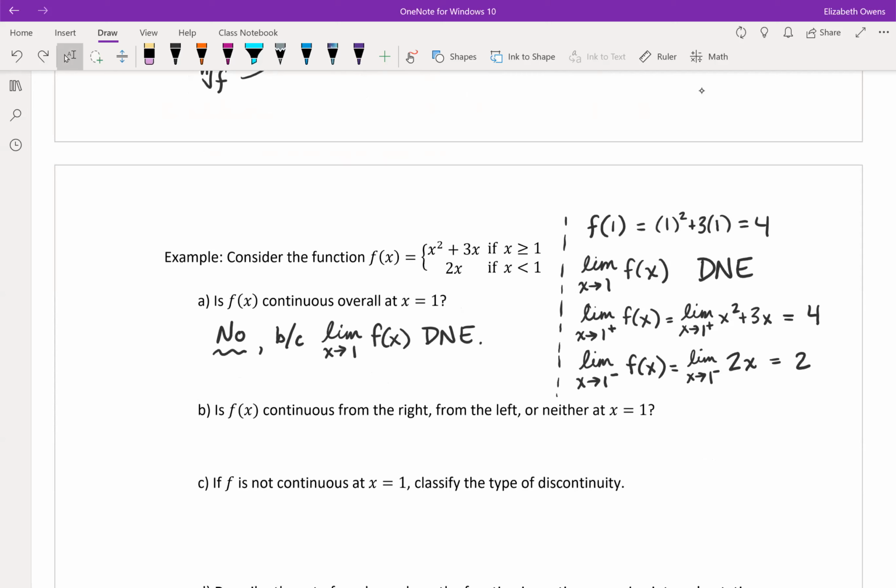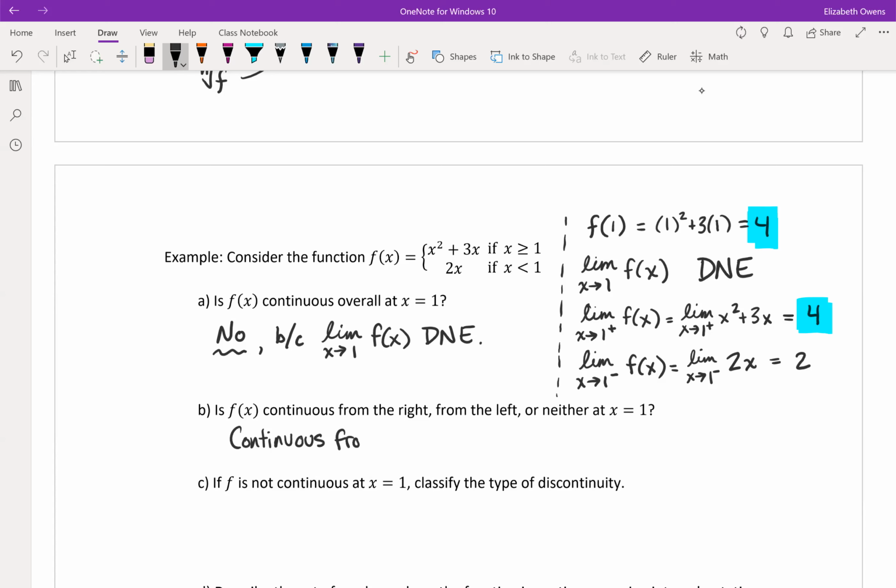Okay, our function value equals the right-hand limit. Both of those are 4. So we have continuity from the right.